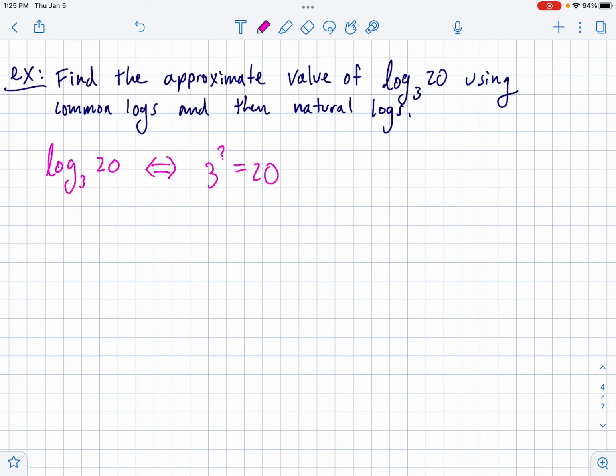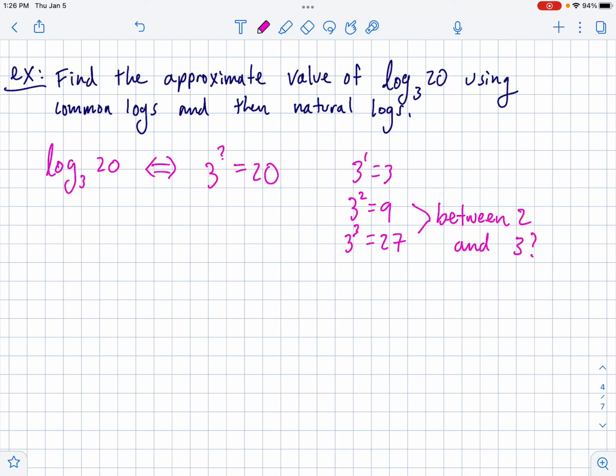So you could pull out your calculator and say, okay, 3 to the 1 is 3, so it's not that. 3 squared is 9, it's not that. And 3 cubed is 27. So 2 was too small and 3 was too big, so it's between 2 and 3. For all you guess and checkers, you could try 2.5 and see how close that is, and then 2.25 or something like that to figure out where that number is.